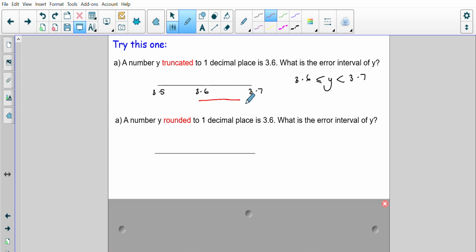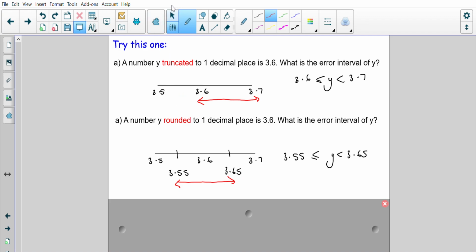So there we have truncating, the error interval in the first half of the number line. Compare that to rounding, and we have the error interval between the two halfway points.